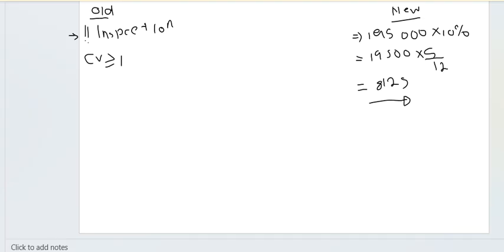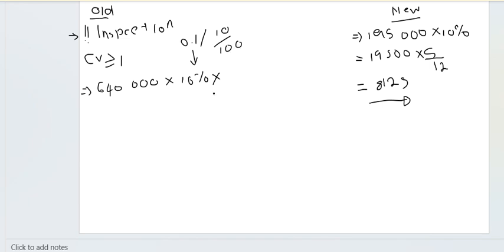So let me calculate the depreciation here. It will be 640,000 times the depreciation percentage, 10%. 10% is also similar to saying 0.1 or 10 over 100.